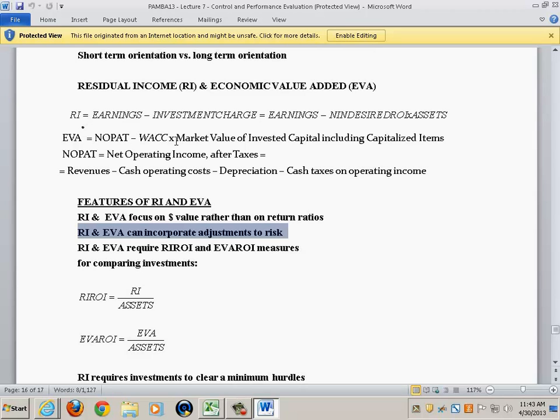You can up the number to include a risk premium. So this way you can adjust it for risk.